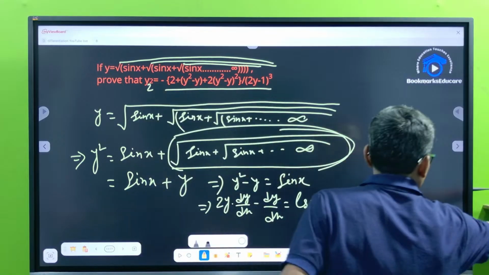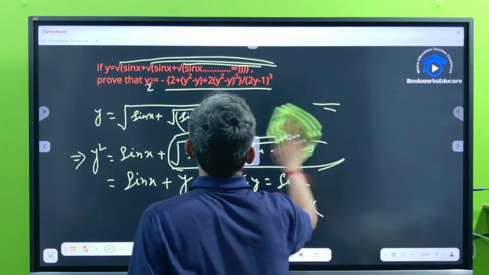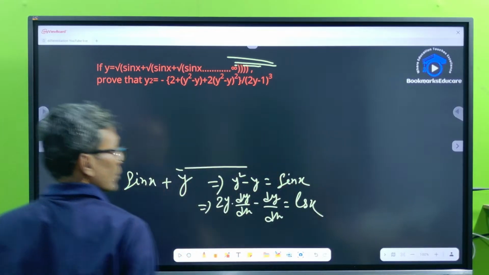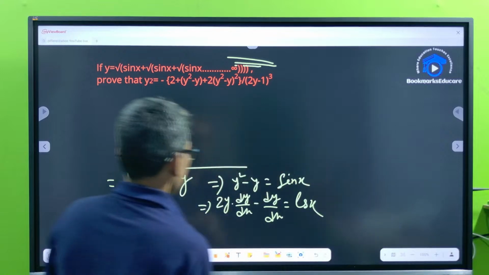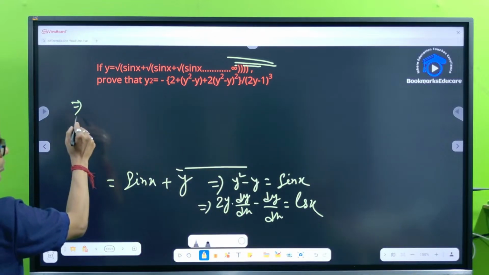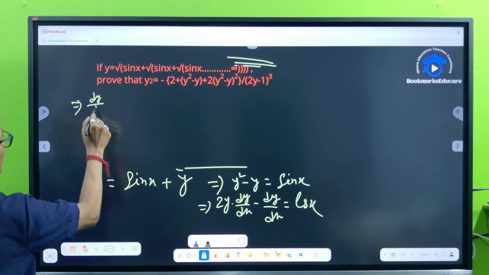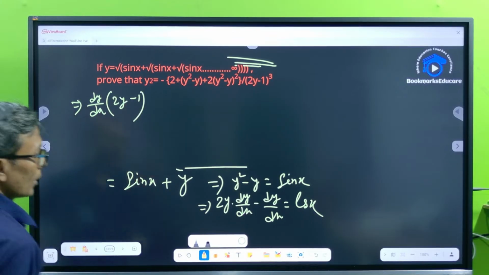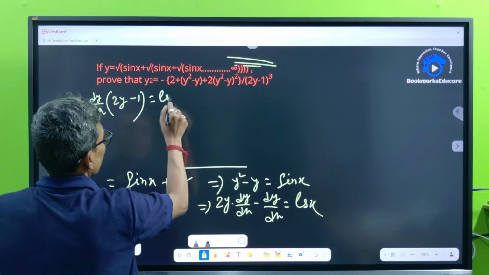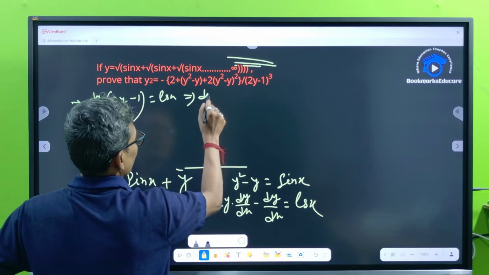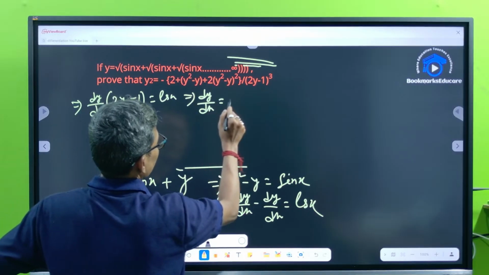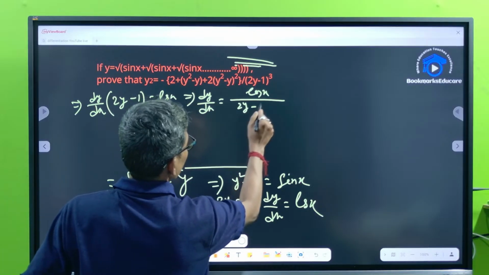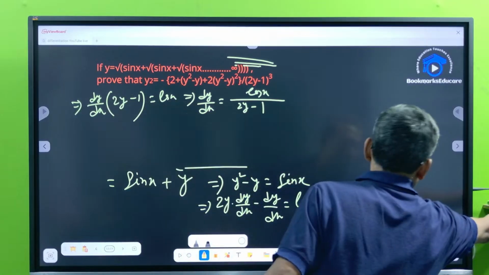Okay, so I take dy by dx common from here, so 2y minus 1 is left, equal to cos x. So dy by dx is equal to cos x by 2y minus 1.